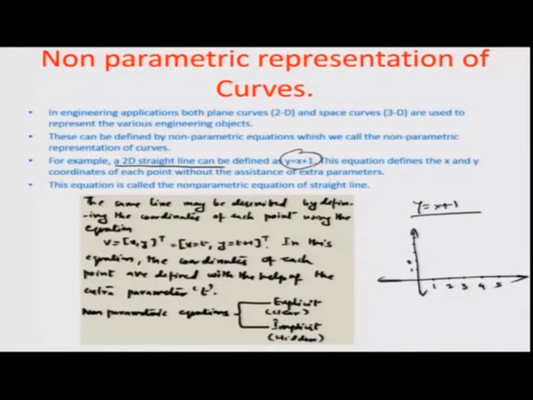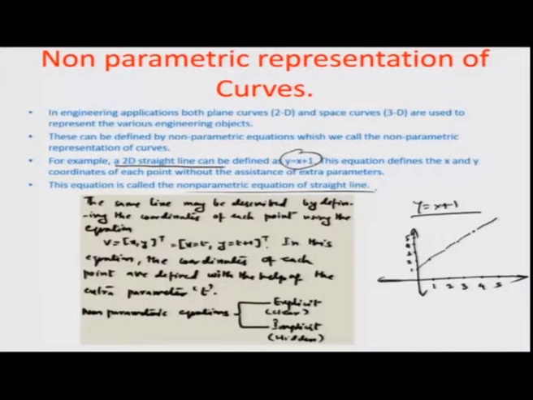So, this is 1, 2, 3, 4, 5 in the y direction. I would plot this as a straight line which has a slope of 45 degrees and an intercept of exactly 1 unit. So, this is how you represent, in a non-parametric manner, the equation of a straight line.